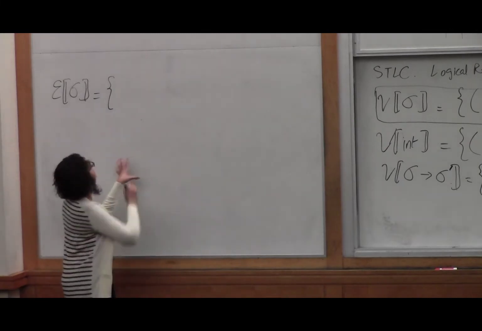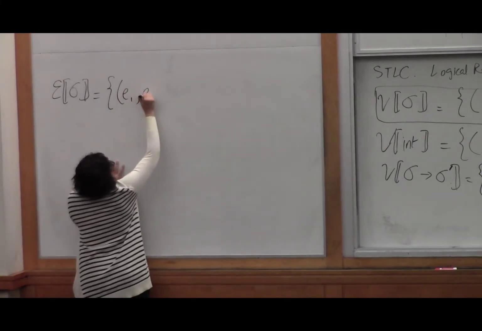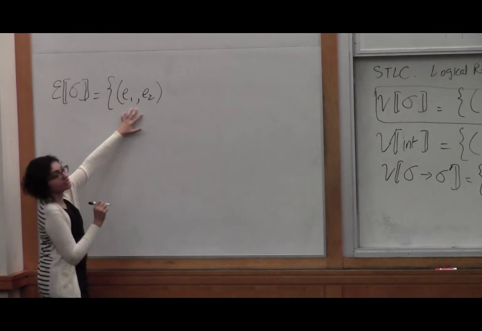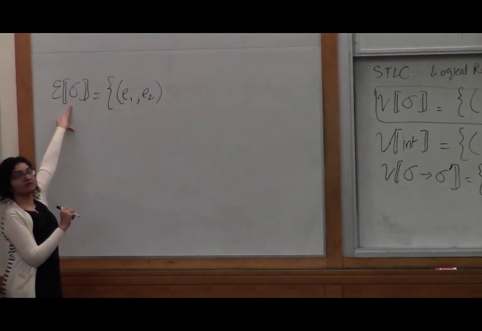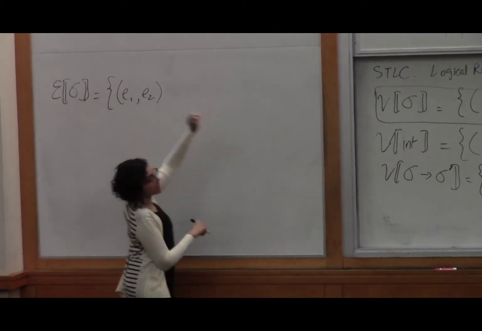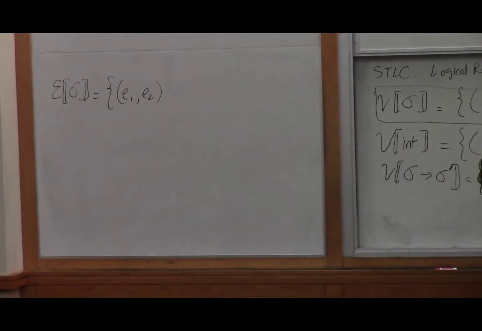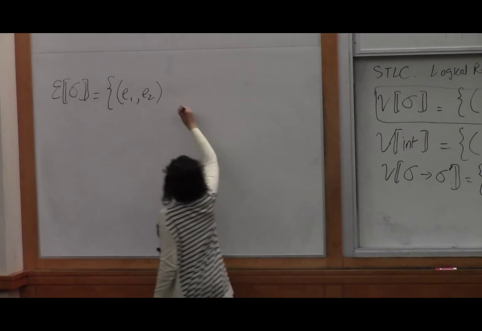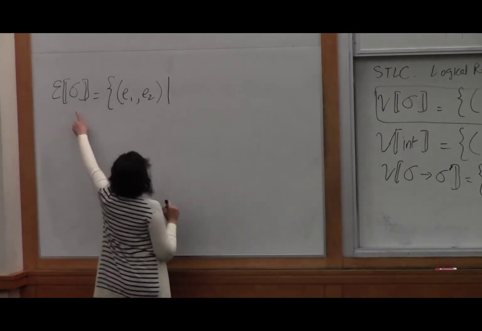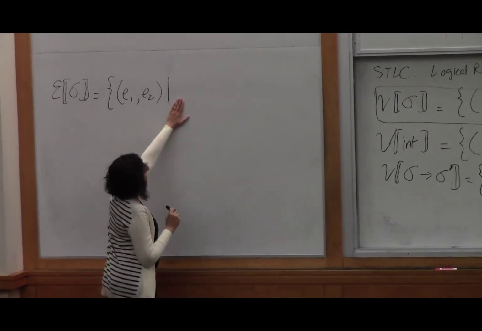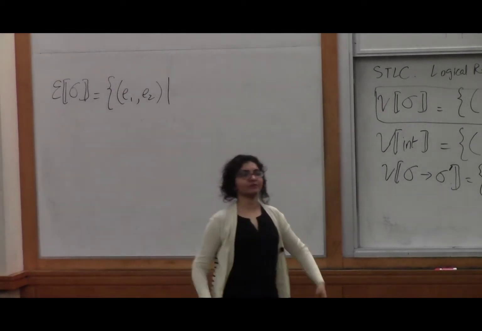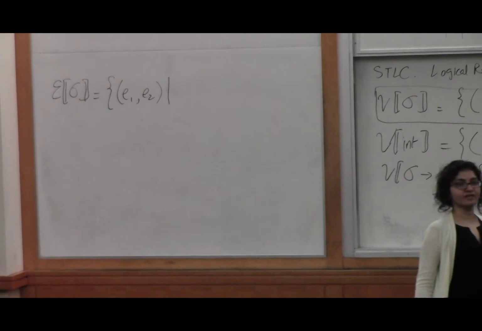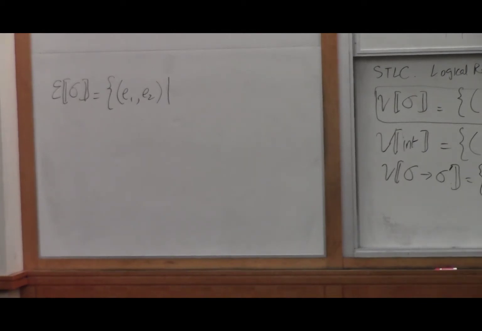I'm going to assume that the expressions E1 and E2 that I put in this relation are both closed and well typed with type sigma. Now, I'm giving you two closed programs. You need to tell me whether or not they're contextually equivalent. What do you need to do to check that?